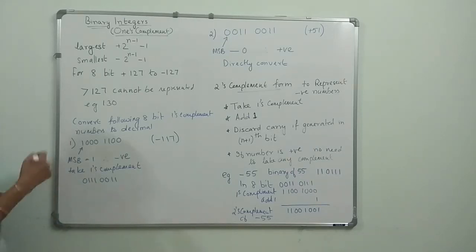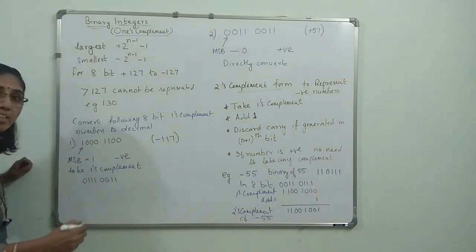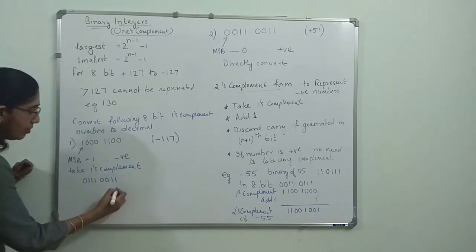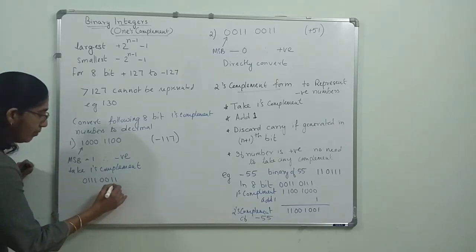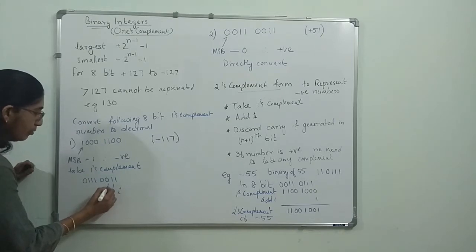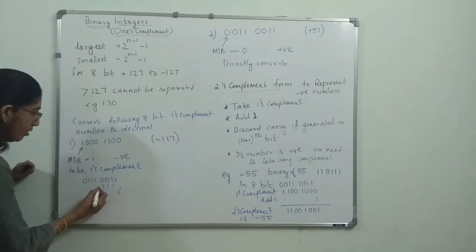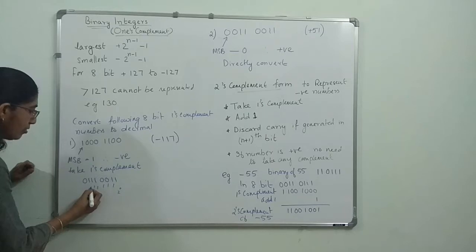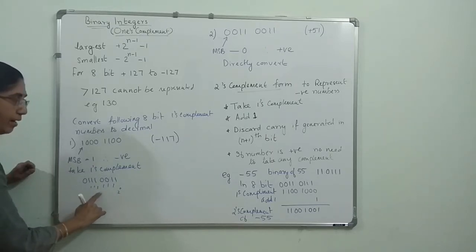So for that you should find out, just like you have done previously in converting binary to decimal. This is having place value 2 raised to 0. This is 2 raised to 1, 2 raised to 2, 2 raised to 3, 2 raised to 4, 2 raised to 5, 2 raised to 6, etc. So add it up.